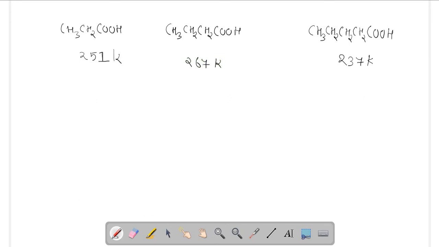So the even number compounds have a higher melting point in comparison to the odd number compounds of the carboxylic acids.